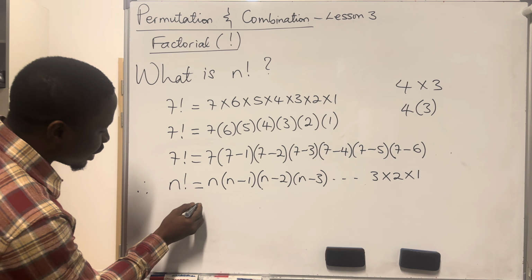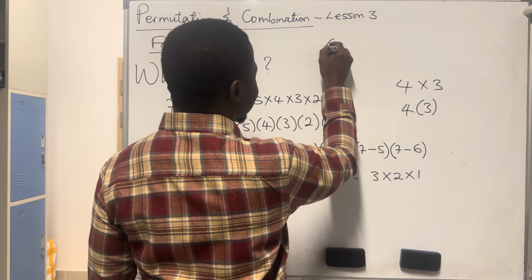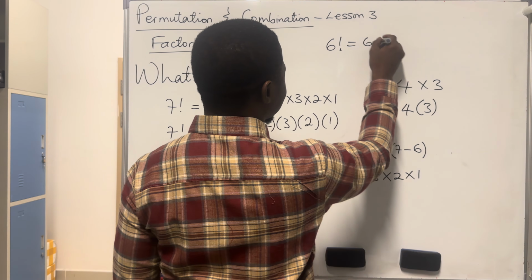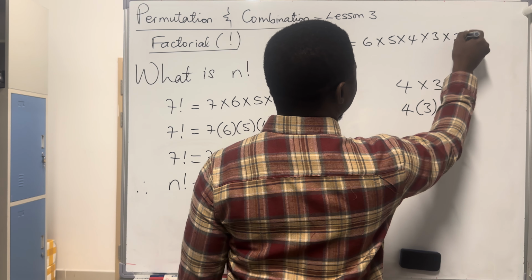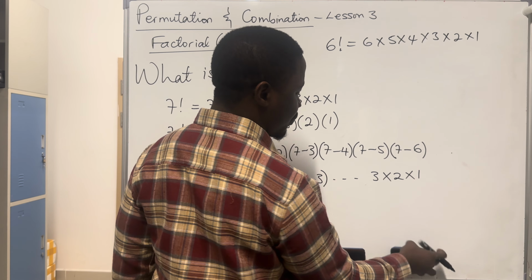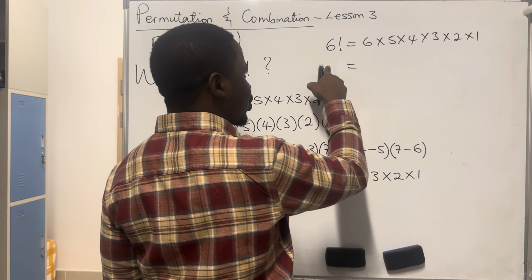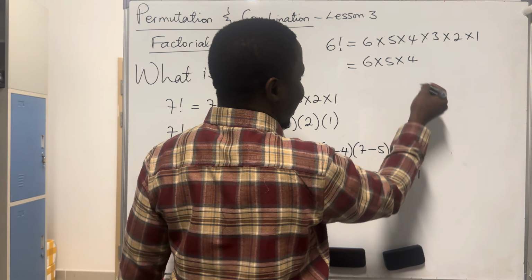Remember, in the previous video I said 6 factorial is the same as 6 times 5, 4, 3, 2, 1. But I also told you that 6 factorial can also be written as 6 times 5. If I get tired, I can stop here.